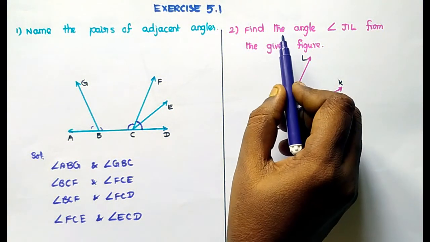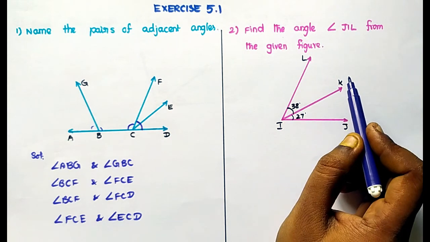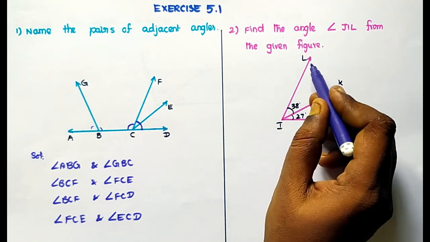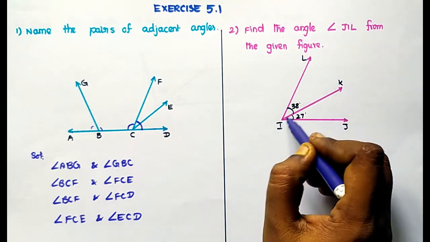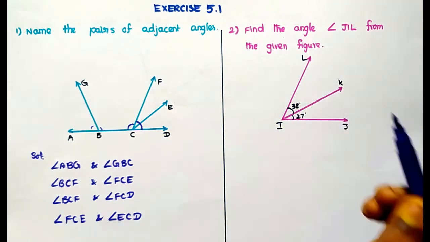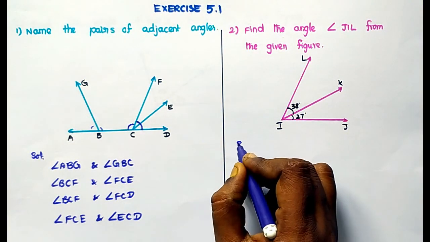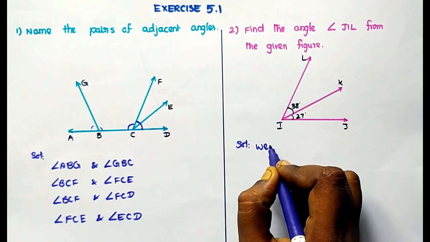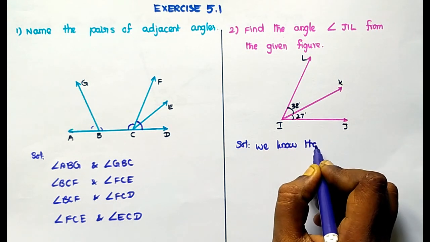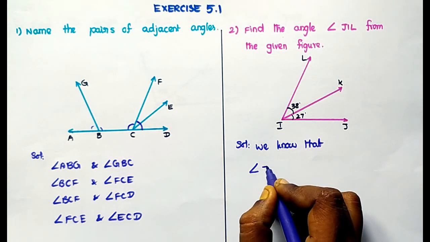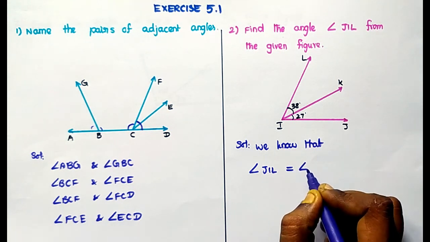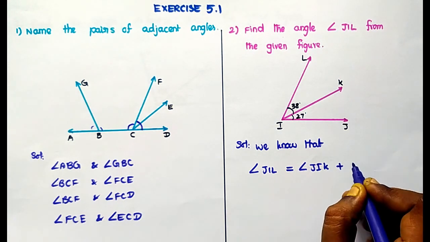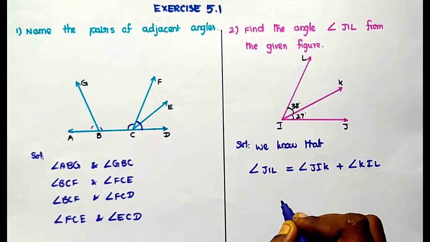Next one, find the angle JIL from the given figure. We know that angle JIL equals angle JIK plus angle KIL.